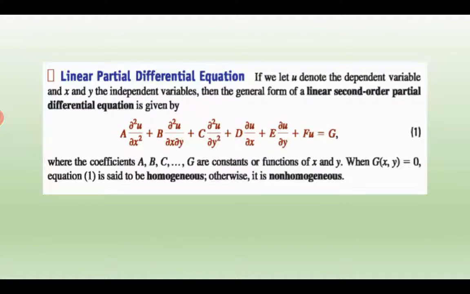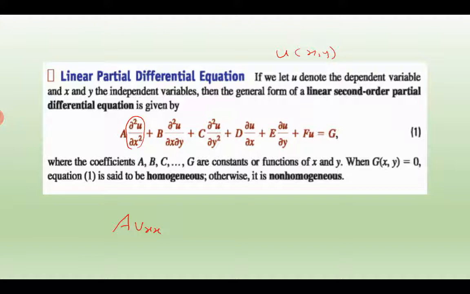The general form of a linear second order partial differential equation has been given. This is not degree, this is order, second derivative. You can write a u_xx. u is a function of x and y, now two variables.